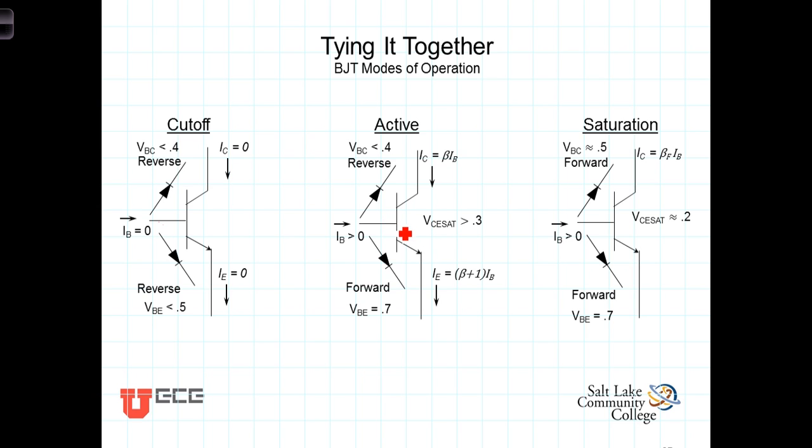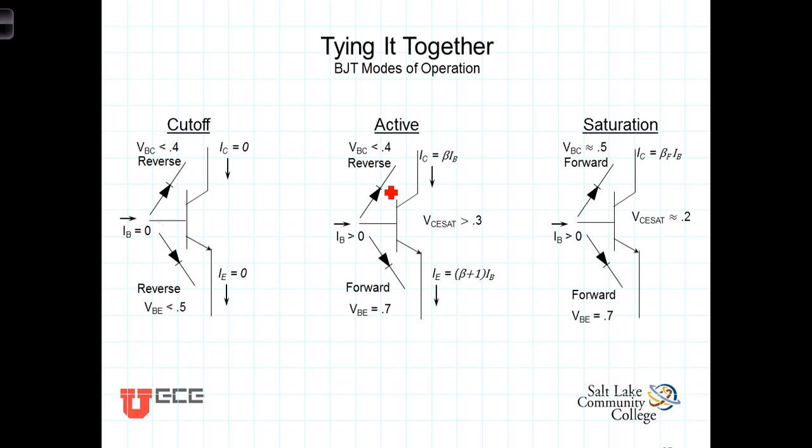So the transistor is in the active region when the PN junction between the base and the emitter is forward biased, yet the base to collector PN junction is still reverse biased. In fact, we say that we'll be in this mode of operation as long as VBC, the voltage from here to here, is less than about 4/10 of a volt.